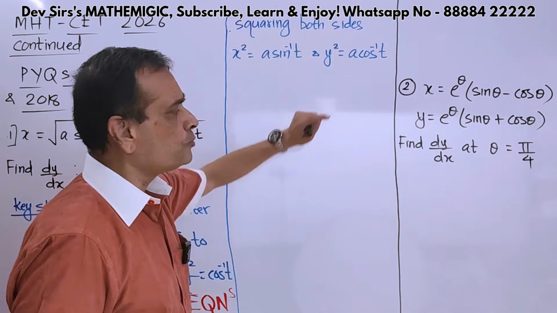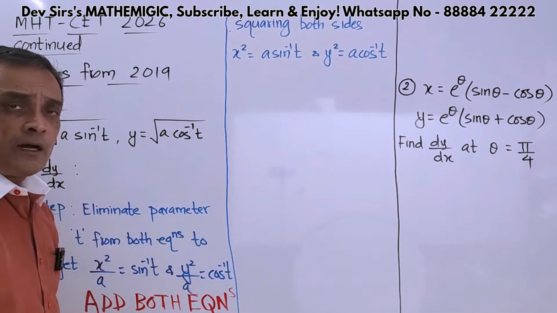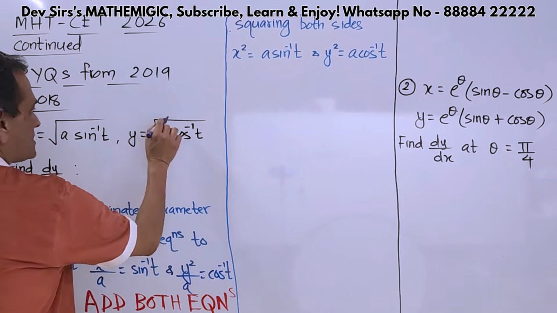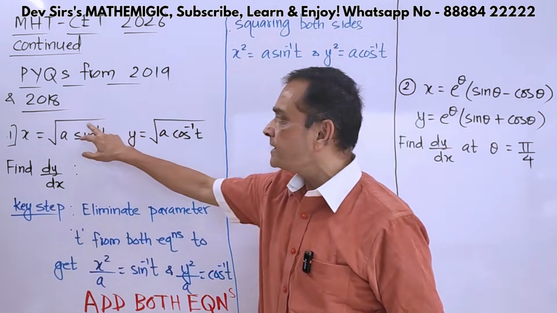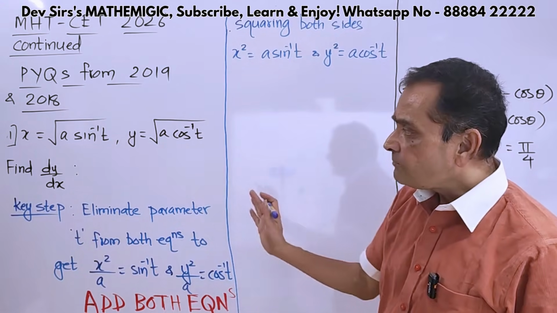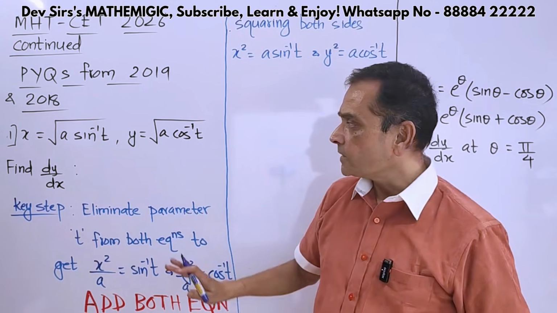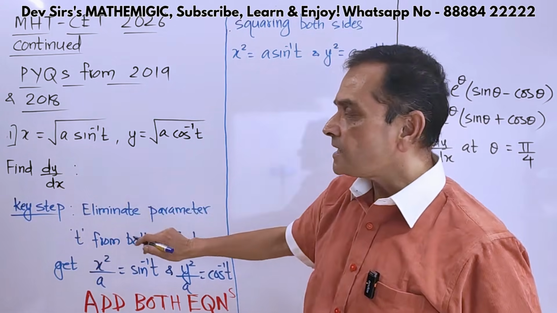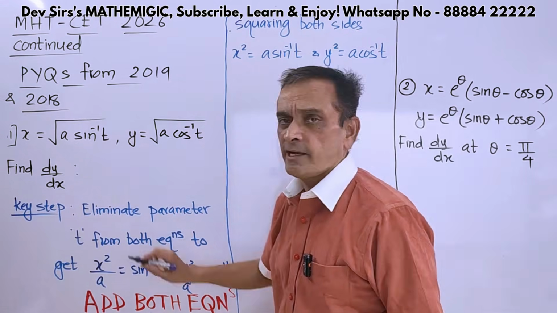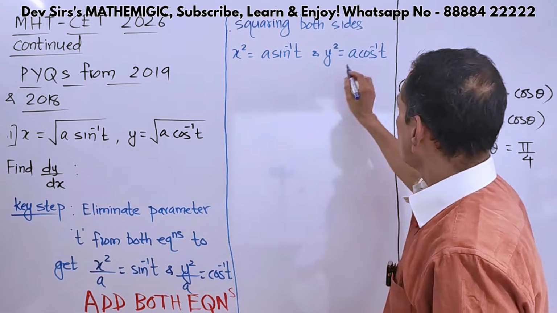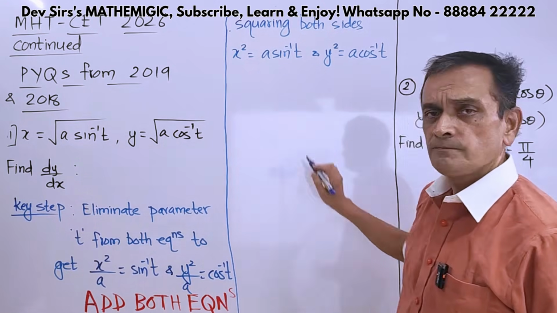So these are the two basic equations. I am squaring both sides because unless I remove the root sign, I will not be able to separate out terms. So squaring both sides, I get x squared is equal to a sine inverse t, and y squared is equal to a cos inverse t; the root sign goes away.